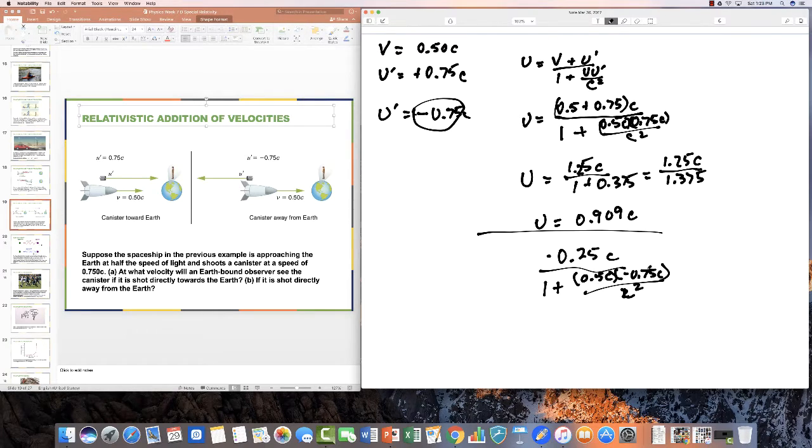So this quantity now becomes minus, so it's negative 0.25 c over, instead of plus, it's now minus 0.375, which is 0.625, and you end up with a minus 0.4 c as the velocity.